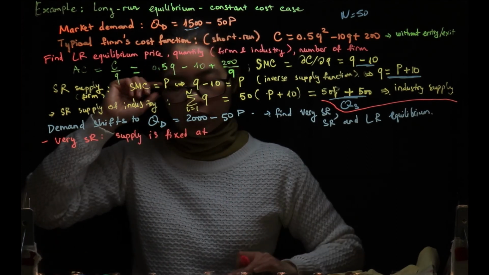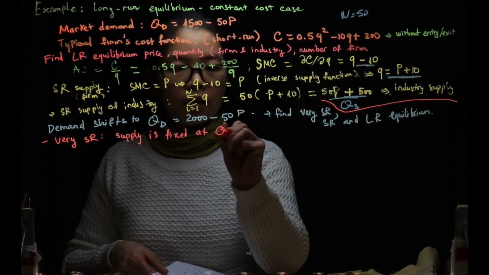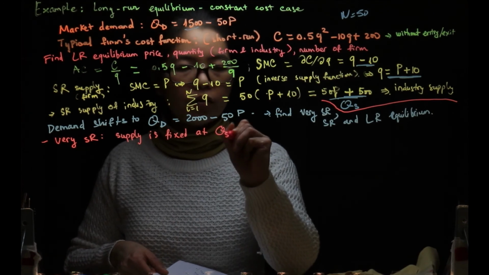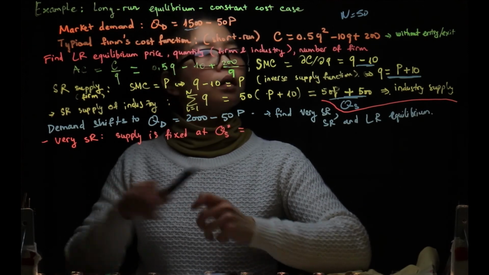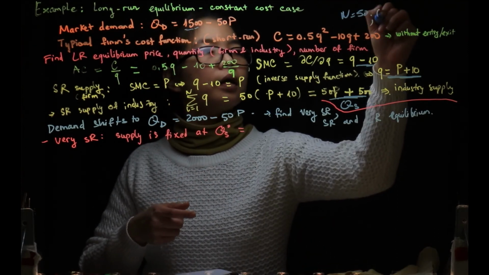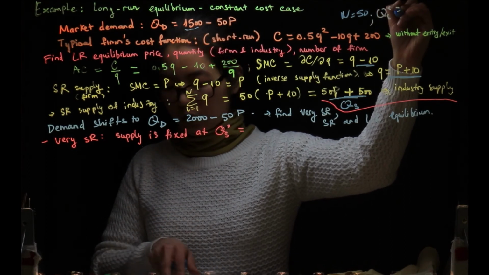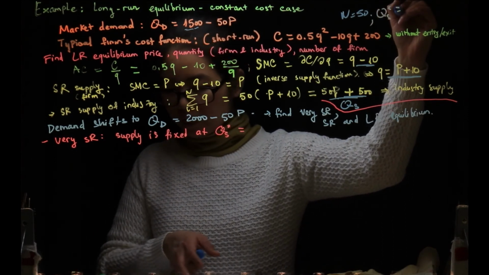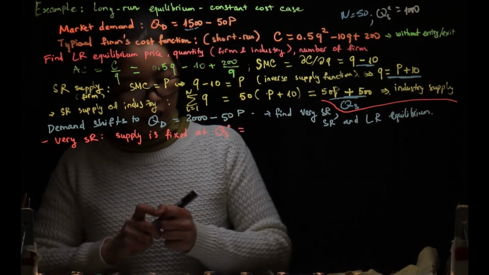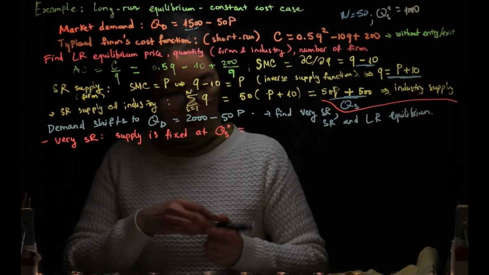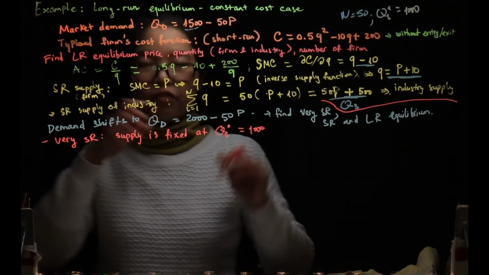Before the shift, the supply quantity that we found, QS star, was 1000, right? So here it should also be 1000. This is for the very short run.